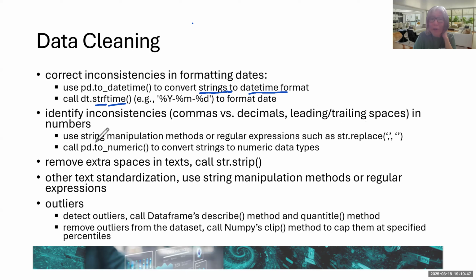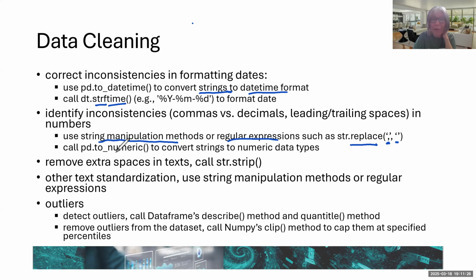One approach is to use string manipulation methods or regex, and regex we discussed in chapter 1. One of the functions commonly used for replacement is called replace. You can specify a subsection of the string and replace it with some new specified string subsection.